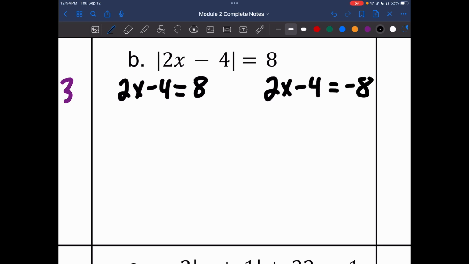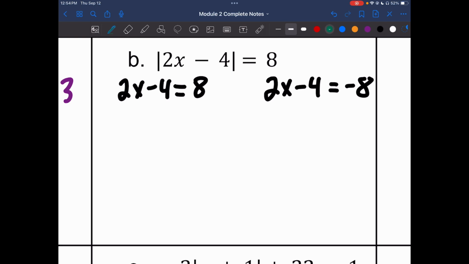Because again, we're trying to figure out what is going to make the piece on the inside of the absolute value be something that could give me an absolute value of 8. So 2x minus 4 is going to be either positive 8 or negative 8. Either way, those absolute values would then give me a positive 8 value.